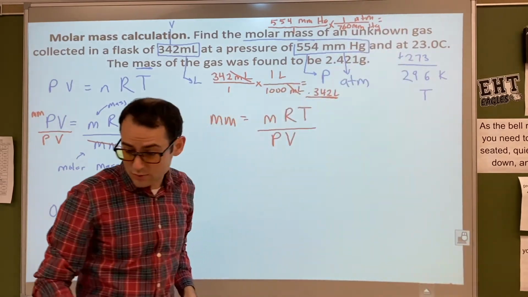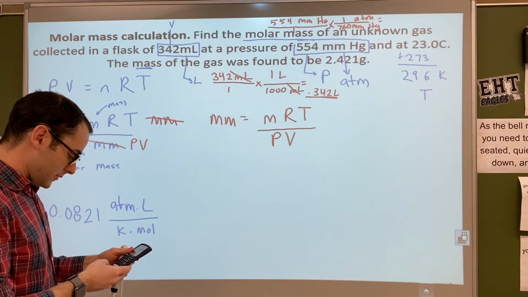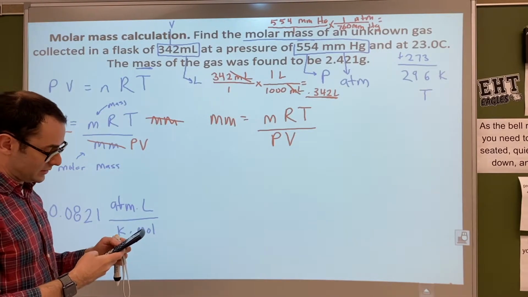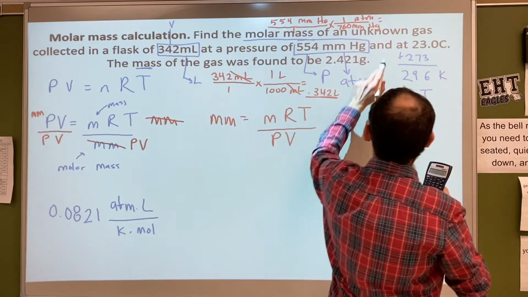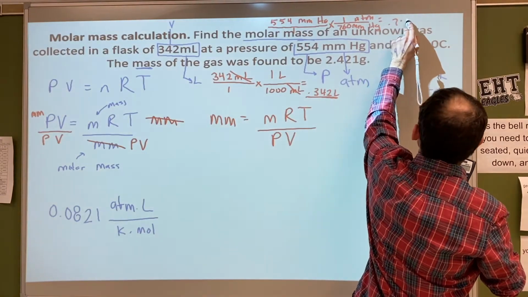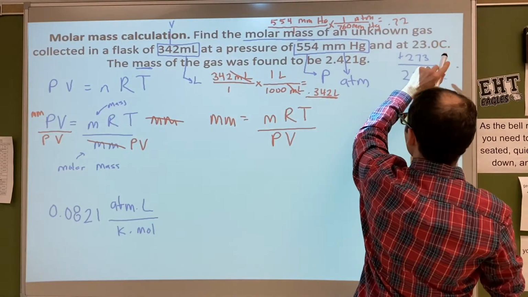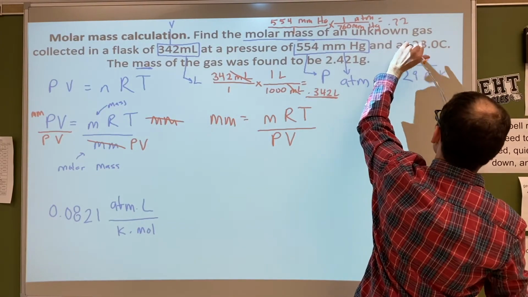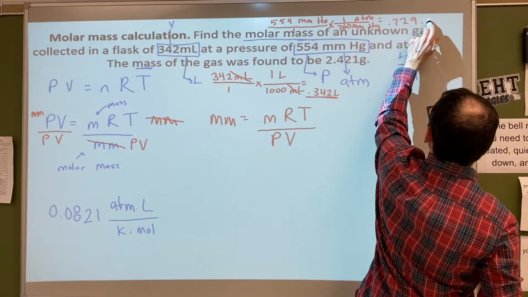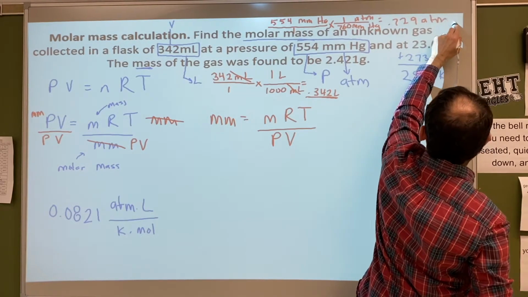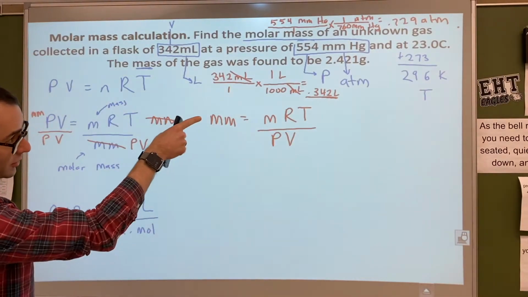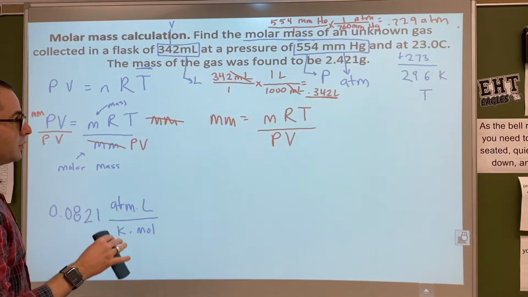This one we have to divide. 554 divided by 760 gives us 0.7289. There's 3 sig figs, so we're going to do 0.729 ATM. Now we have a pressure, and we have the temperature already from over there. We should be able to plug everything in.